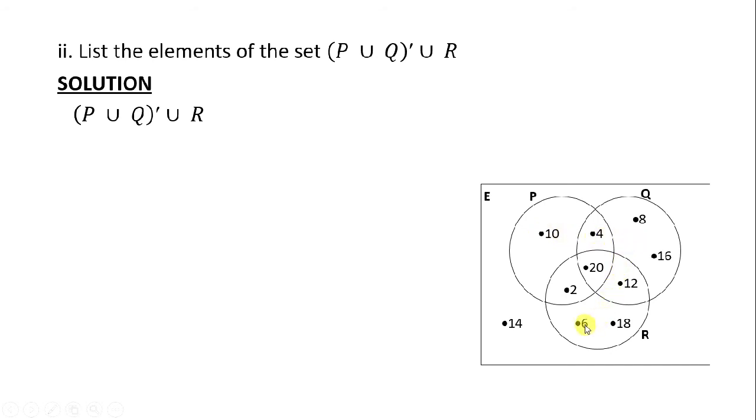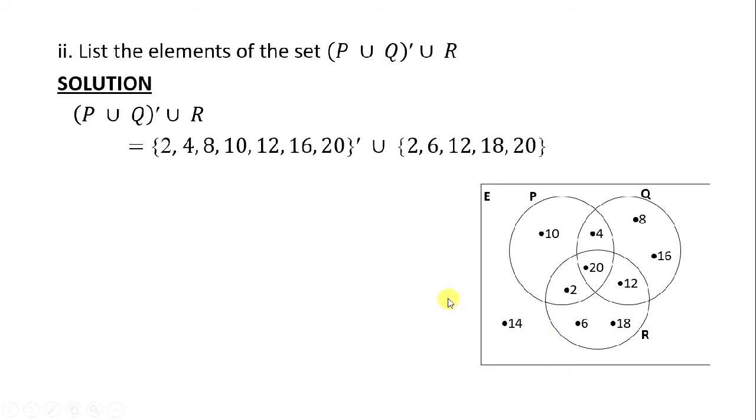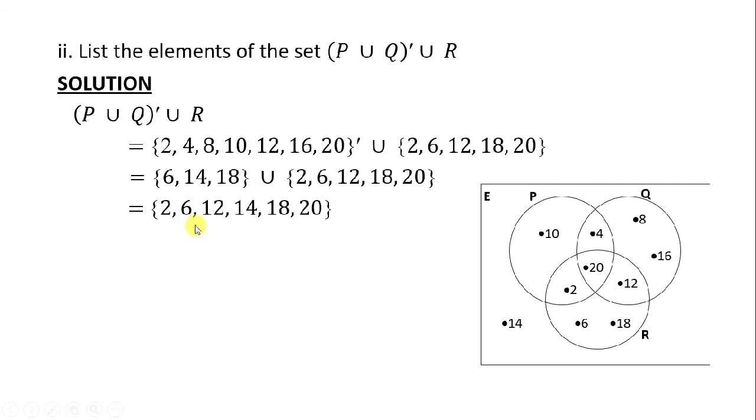So it's 6, 14, and 18. Now, since we have 6, 14, and 18, they are saying union R. So elements in R are 2, 6, 12, 18, and 20. Since we are looking for the union, we are going to combine all of them. So the answer will be 2, 6, 12, 14, 18, and 20. We go to the next question.